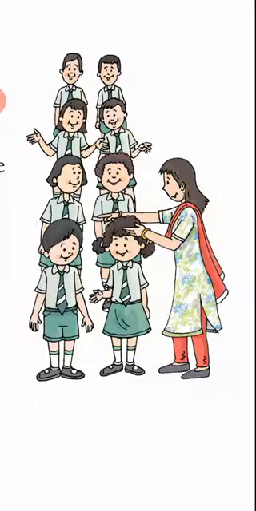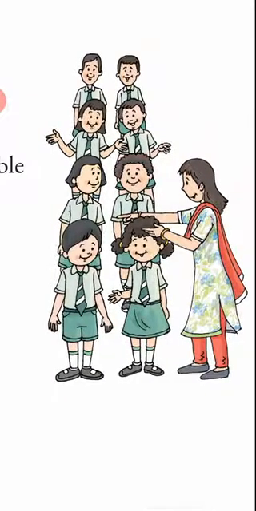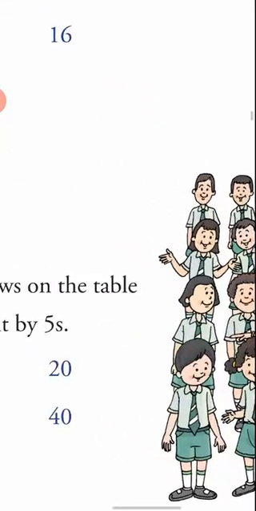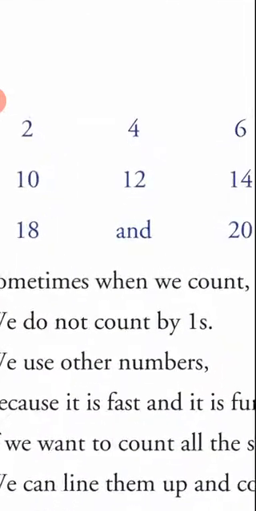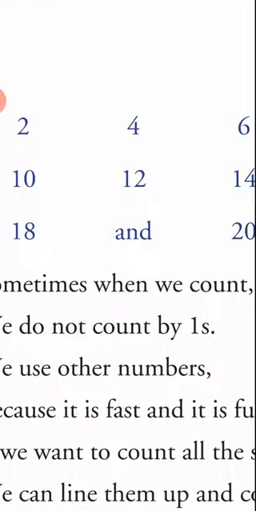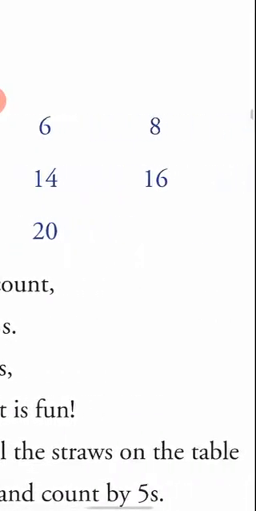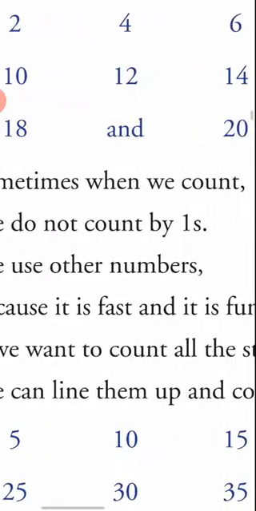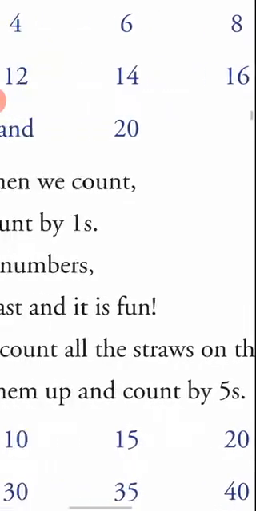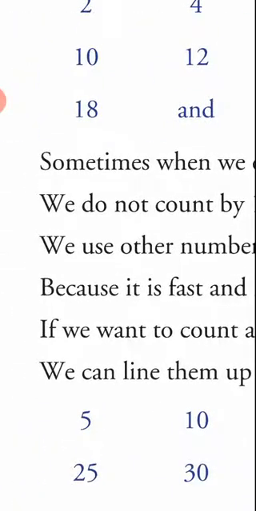So, that means we will start with 2 and then we will take difference of 2, that means gap of 2. Here you can see that when we are counting it by 2, we are getting 2, 4, 6, 8, 10, 12, 14, 16, 18 and 20.